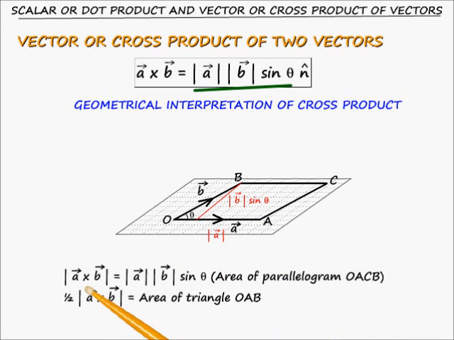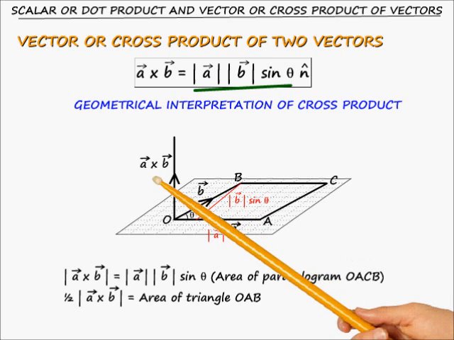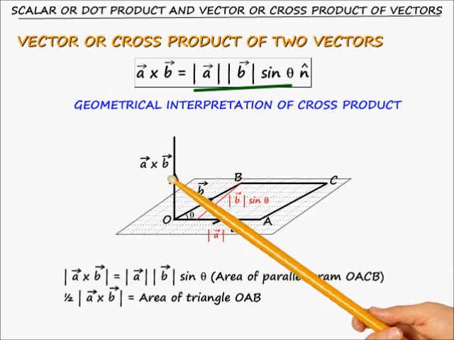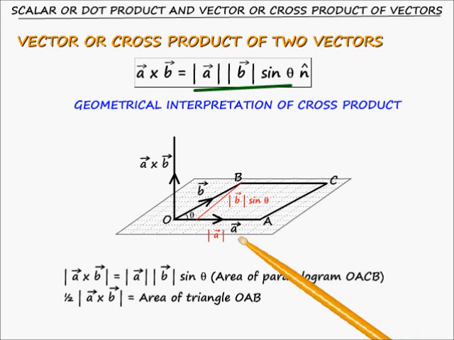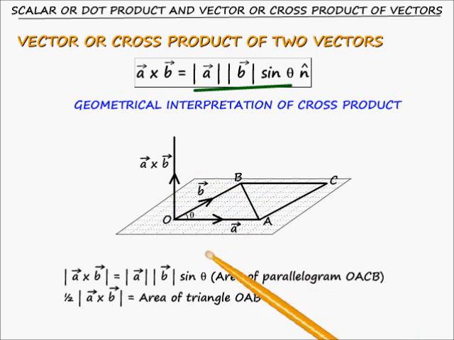Thus the magnitude of the cross product is equal to the area of the parallelogram whose adjacent sides are represented by vectors A and B. The direction of the cross product is a vector perpendicular to both A and B such that these three vectors form a right-handed system. We also come to know that half the magnitude of the cross product is the area of the triangle OAB.